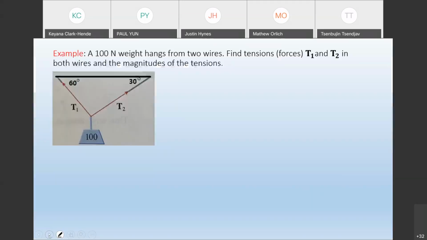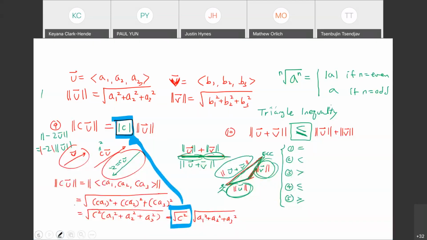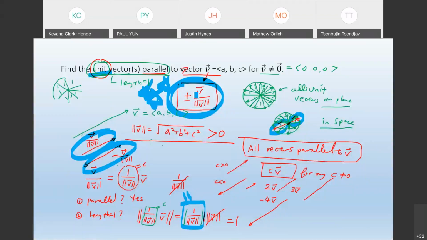Finally, we start with something maybe real math. Troy, I think we need two of them. I asked you to find the two of them, right? All of them. One of them is this guy. The other one is the negative. We have two of them, so we need plus or minus.